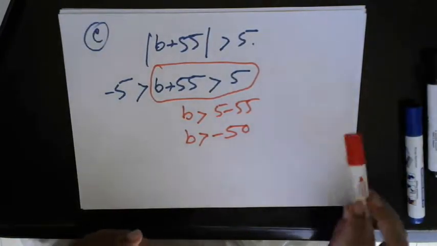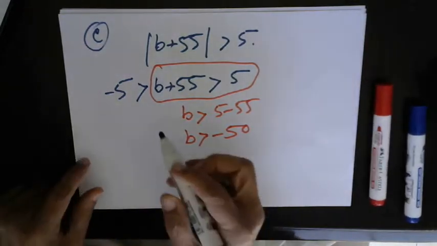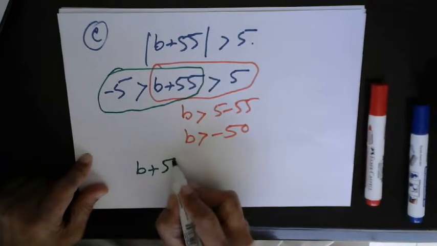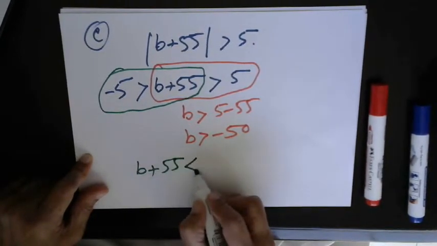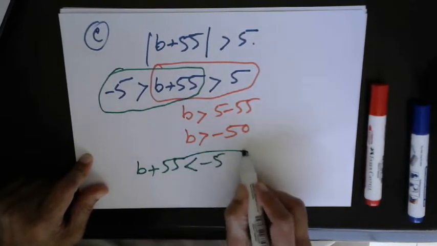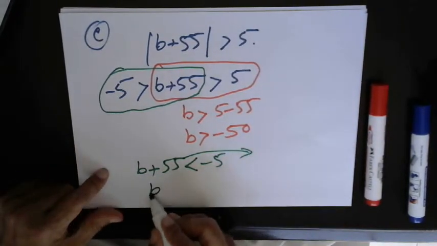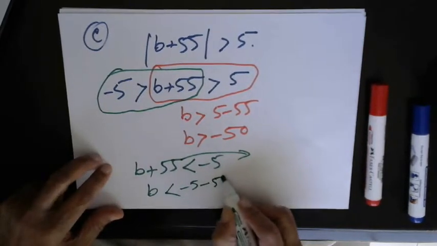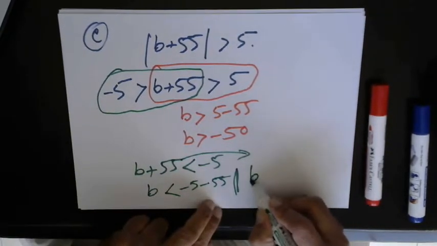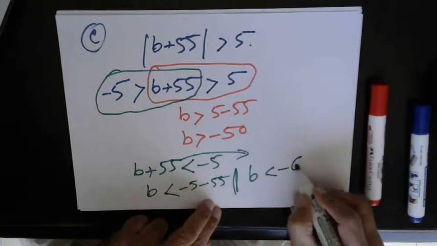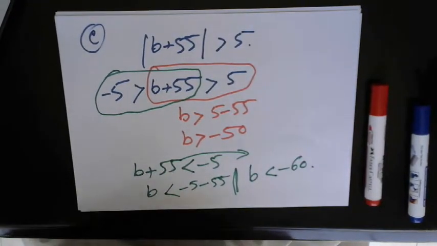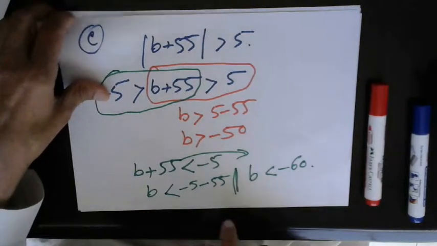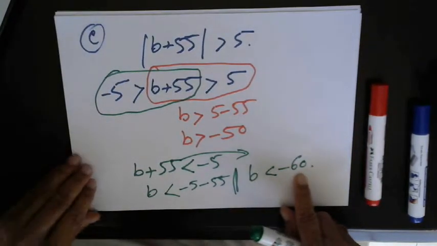And if we consider this inequality, that tells me B plus 55 is less than -5. If I transfer this to the other side, I will get B less than -5 minus 55, which means B is less than -60. So this cannot be the answer. Okay? Because B is less than -60, time cannot be negative.